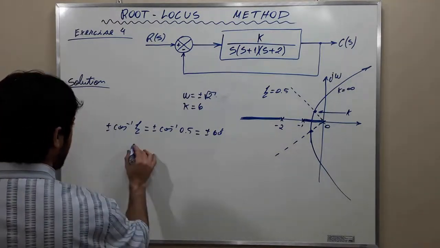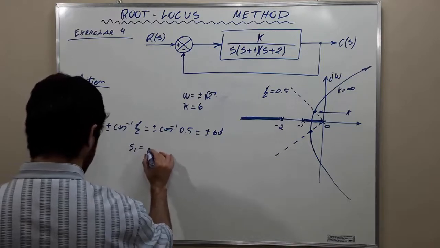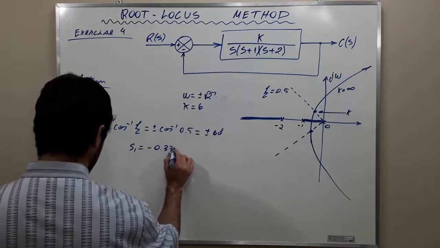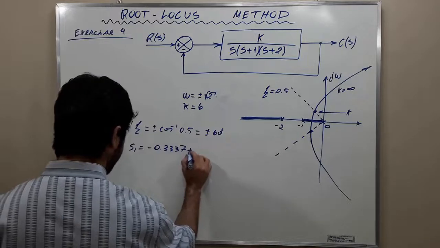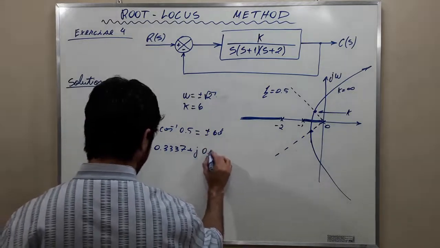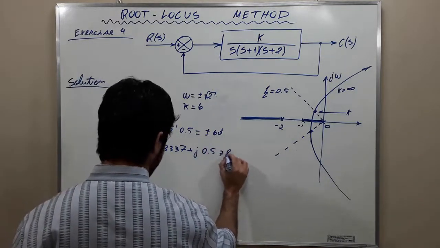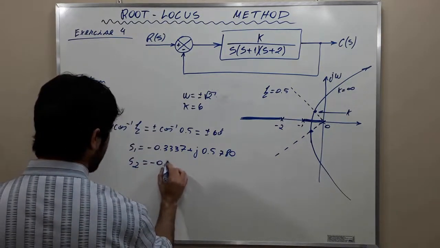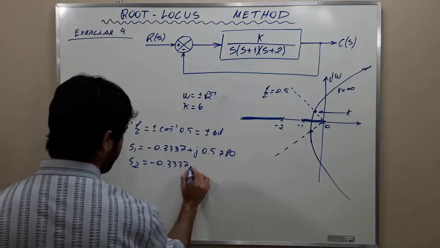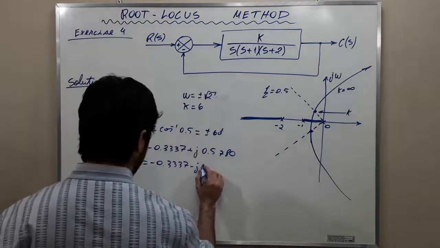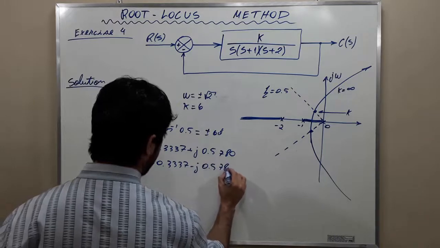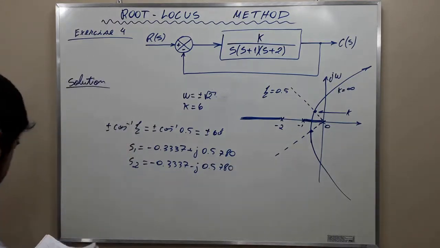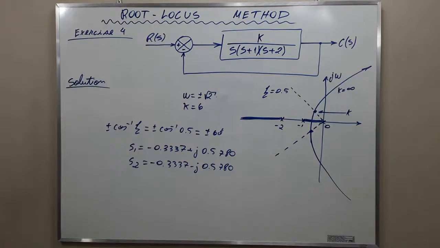By looking at the graph, we say that s1 is minus 0.3337 plus j0.5780, and s2 equal to minus 0.3337 minus j0.5780. The value of K that produces such poles is found from the magnitude condition.